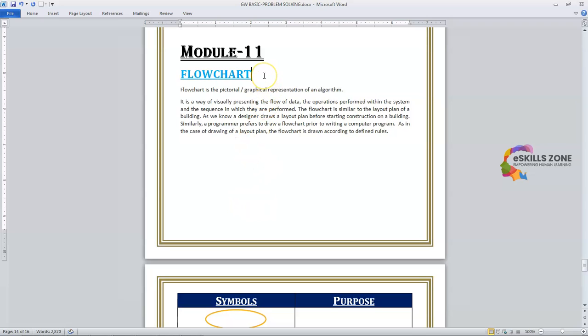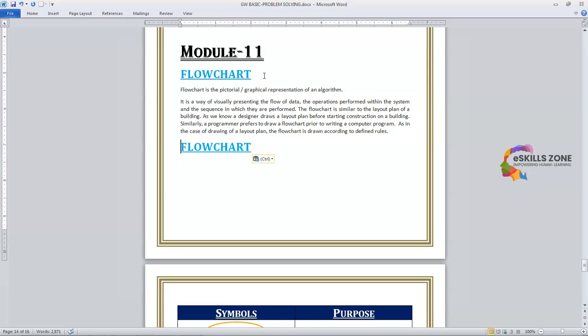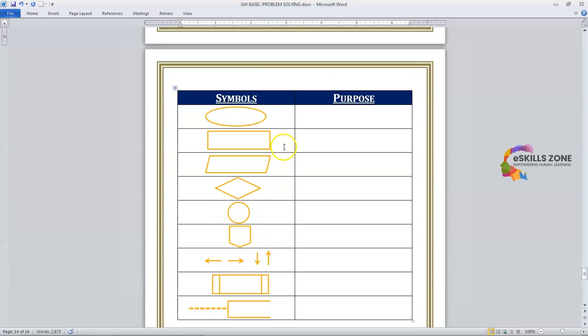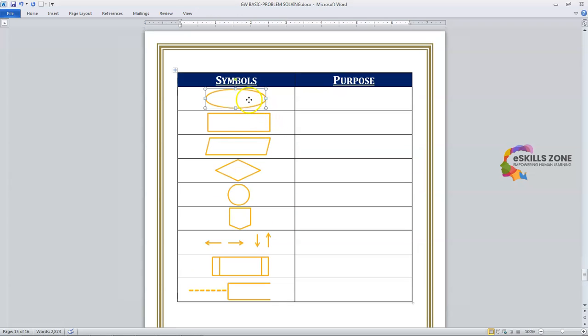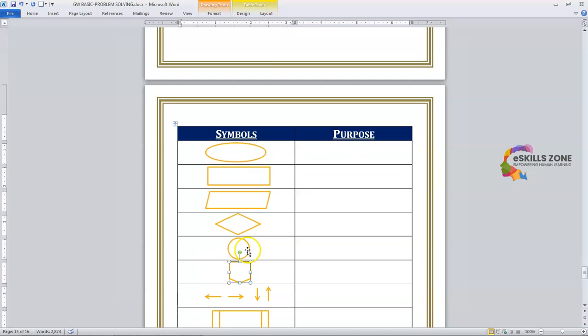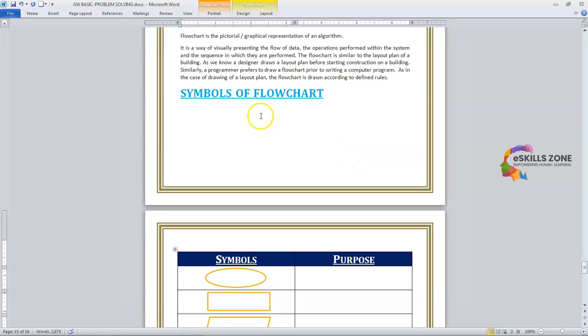So we will discuss this, and we'll give a heading of symbols of flowchart. All the shapes which I have already drawn here in this table are called symbols, and each and every symbol is different from the other and has a specific purpose. We'll discuss them over here.